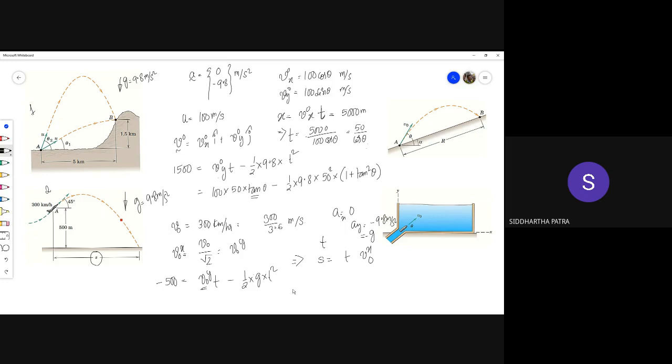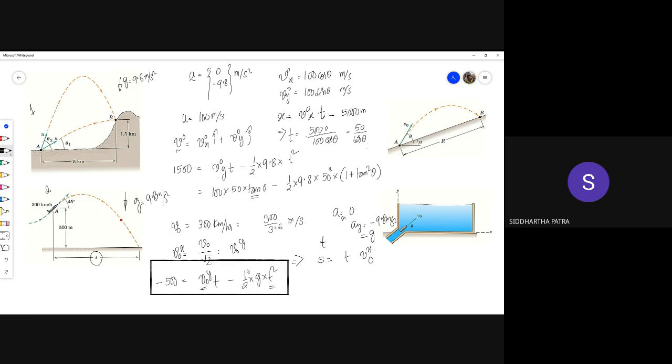So this again forms a quadratic equation in time, and once you solve that quadratic equation, we'll get two different values of t. Now can you make any prediction which one of those values you should take?